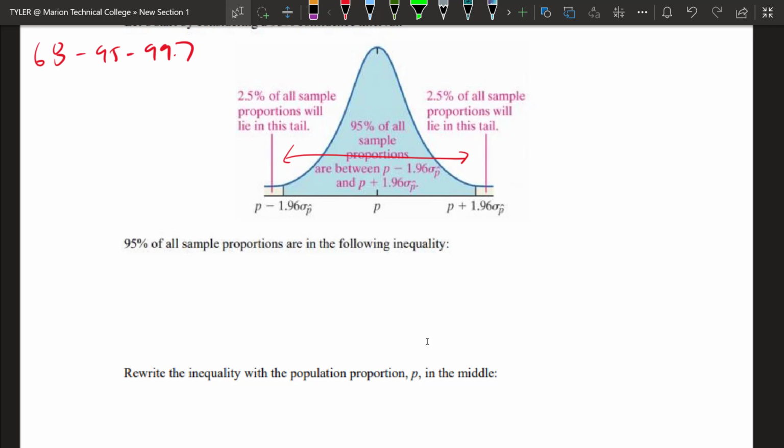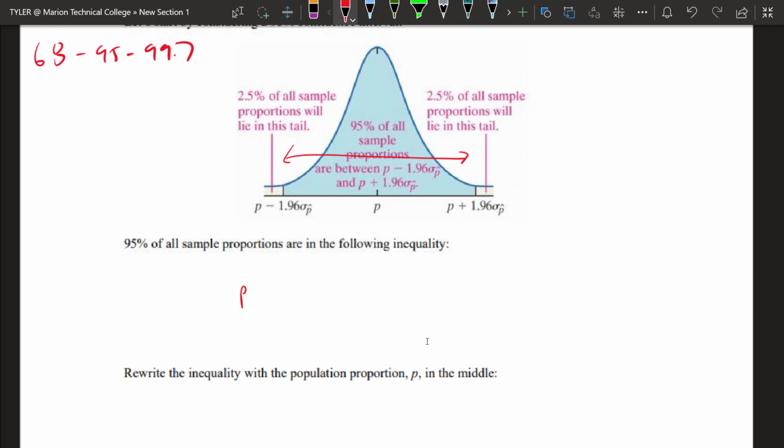Right, so what we're asked now is, 95% of all sample proportions are in the following inequality.